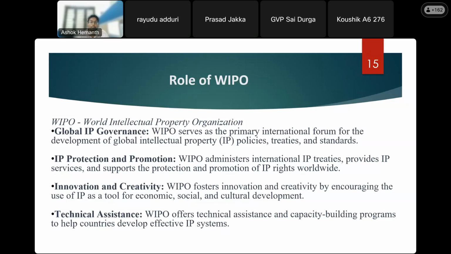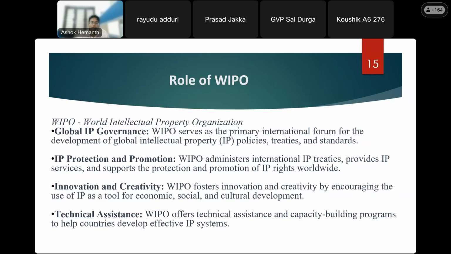Coming to WIPO, we celebrate Intellectual Property Day. That is World Intellectual Property Day, April 26th, which will be celebrated by WIPO all across the world. Apart from this, promotion of innovation, dissemination of technology, and promotion of intellectual property will all be done by the World Intellectual Property Organization.